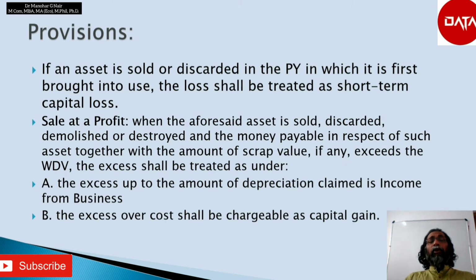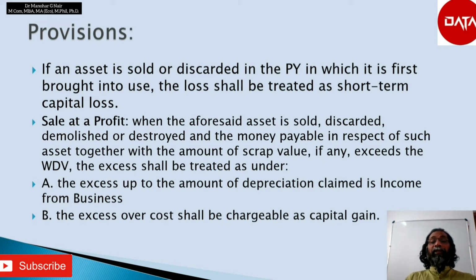If an asset is sold or discarded in the previous year in which it is first brought into use, the loss shall be treated as short-term capital loss. When the aforesaid asset is sold at a profit, discarded, demolished or destroyed, and the money payable in respect of such asset together with the amount of scrap value, if any, exceeds the written down value, the excess shall be treated as follows.